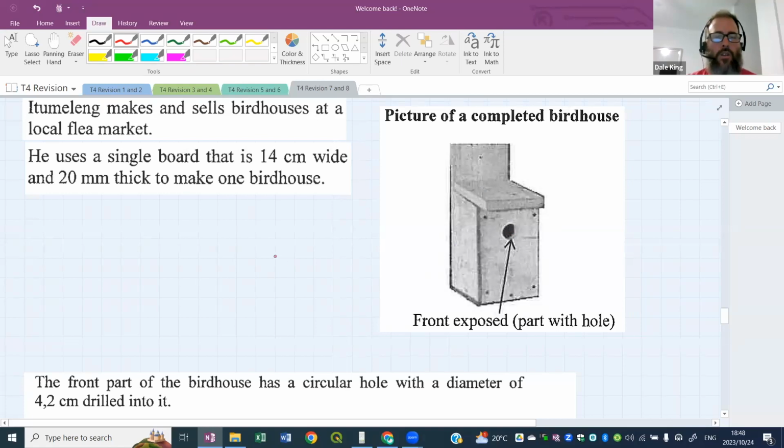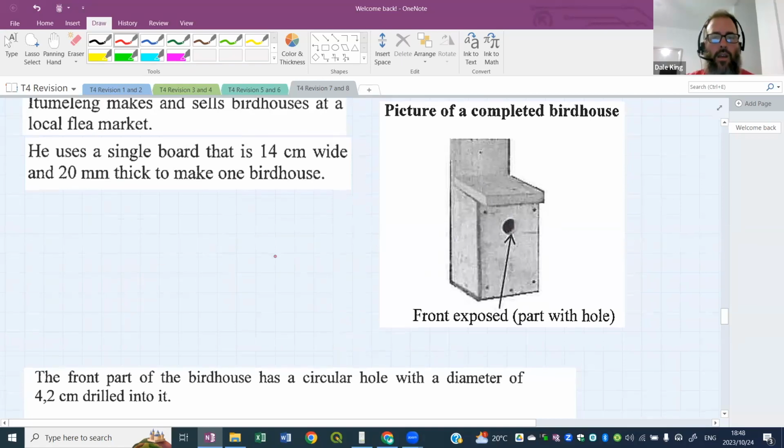Let's see what else they say. Over here at the bottom, the front part of the birdhouse has a circular hole with a diameter of 4.2 centimeters drilled into it.